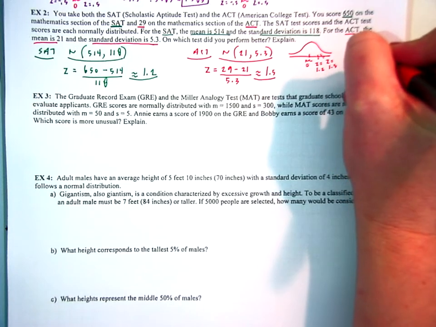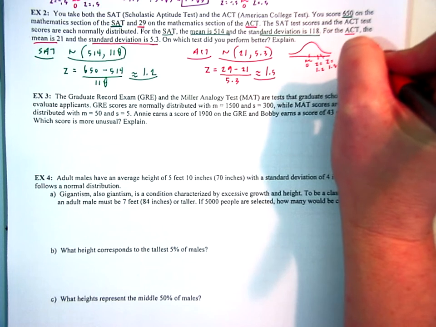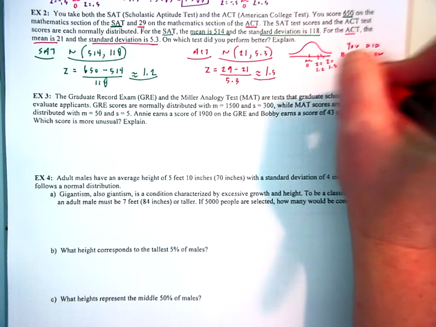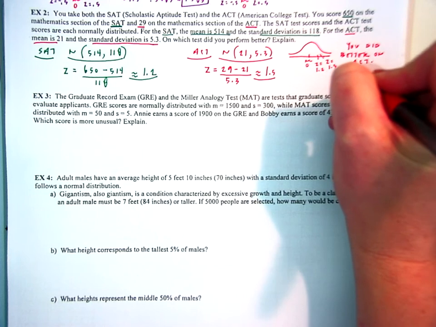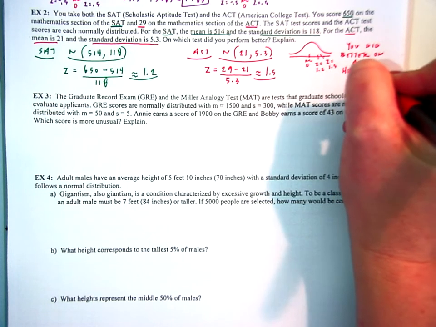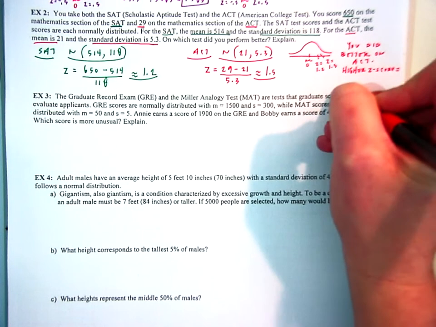So let me just write that in a normal sentence. You did better on the math portion of the ACT. We know that a higher Z-score means a higher percentile.